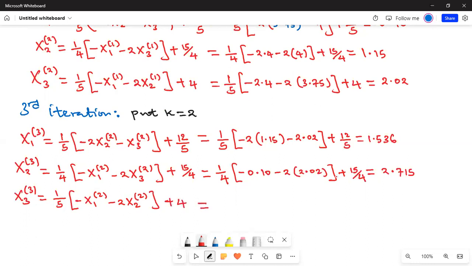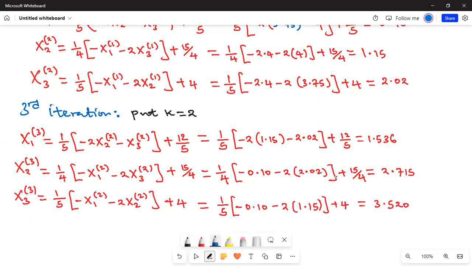When you make the substitution, you get 1 over 5 negative 0.10 minus 2 x2 at level 2, that was 1.15, add this to 4, press in your calculator, get 3.520.